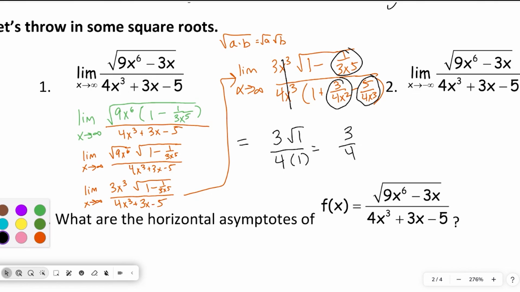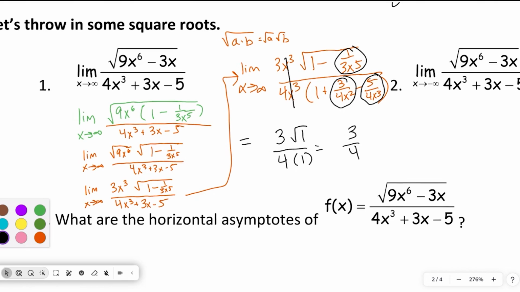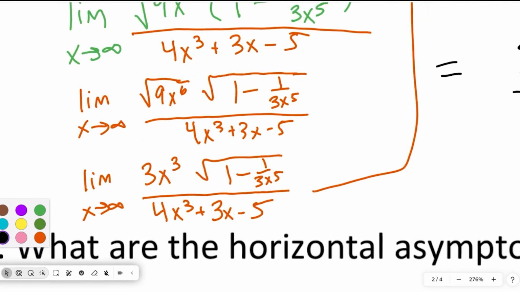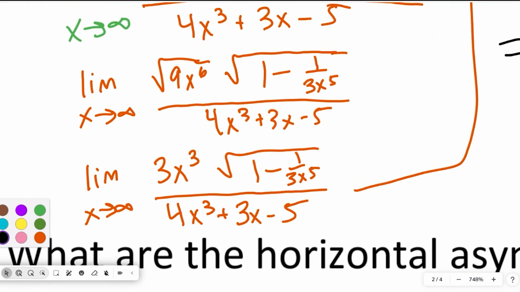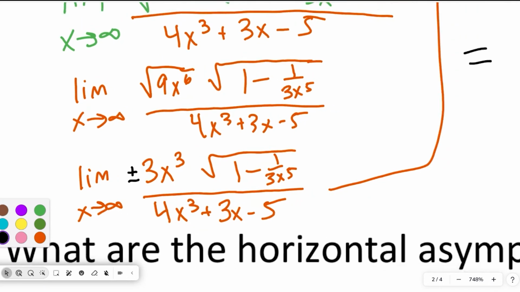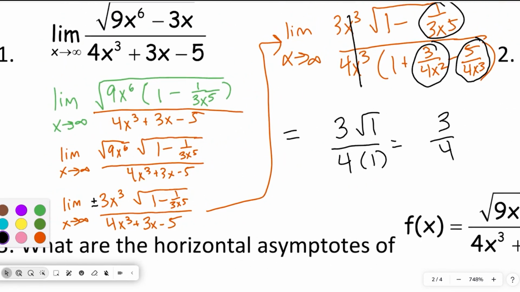It's really going to be plus or minus x. So let's take it back a couple steps here. Let's see, when did that actually occur? It's this step right here. There should really be a plus minus on this, and that's going to carry all the way through here.